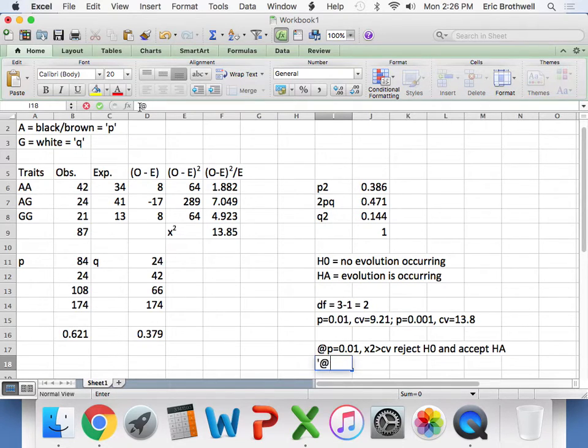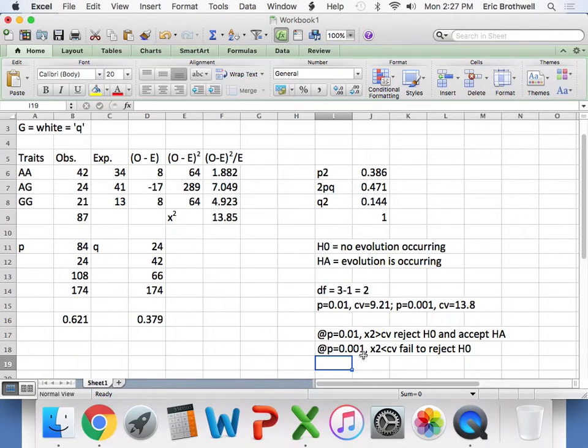Or I could say at P equals 0.001, the chi-squared value is less than the critical value, so we fail to reject the null hypothesis. If we want to be wrong 1 time out of 100, we would say, yep, this is not in equilibrium and evolution is occurring.